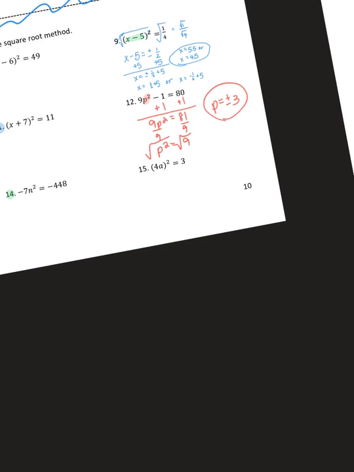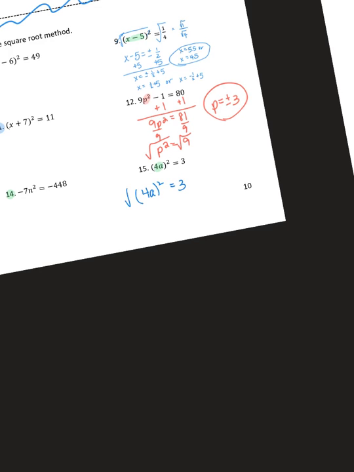So if we're looking for what is being squared, 4a is being squared, okay? So both the coefficient and the variable are being squared. So in order to solve this, we've got 4a quantity squared equals 3.